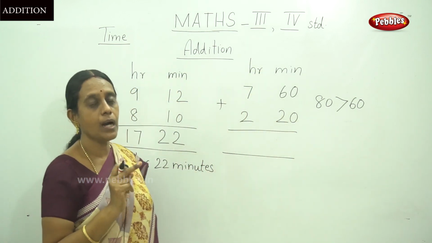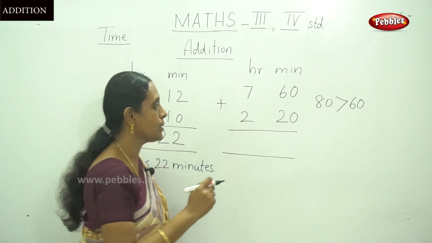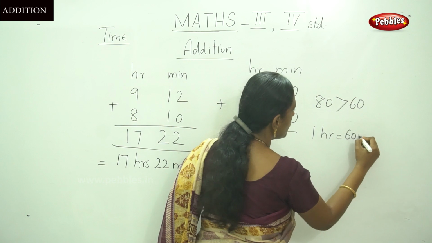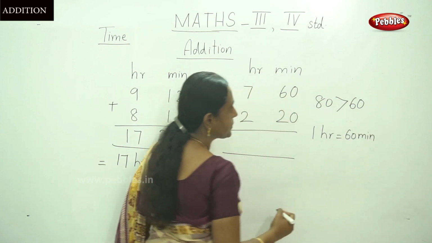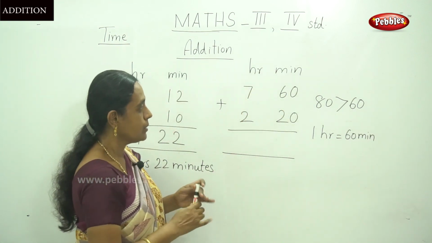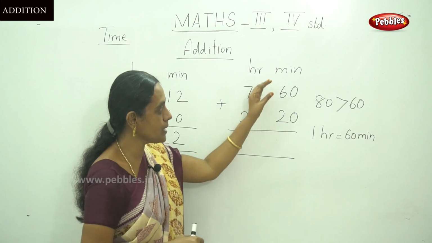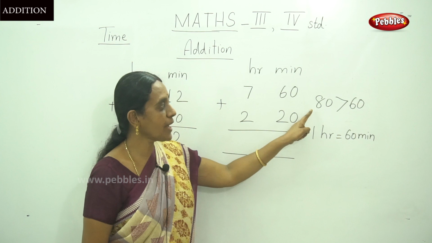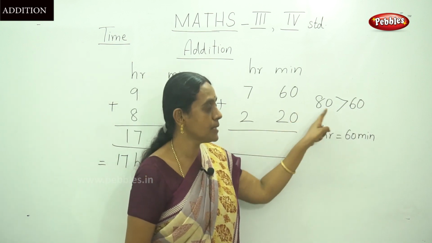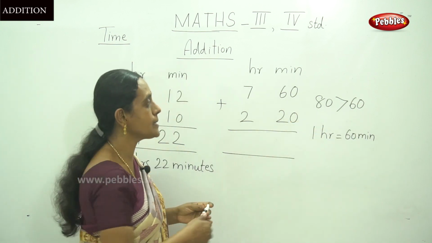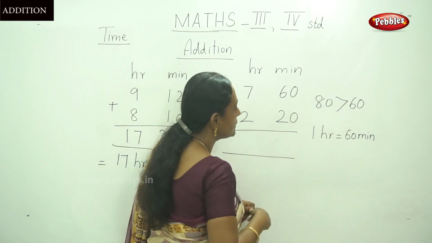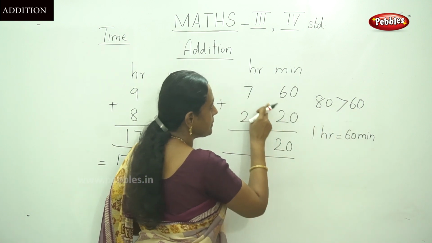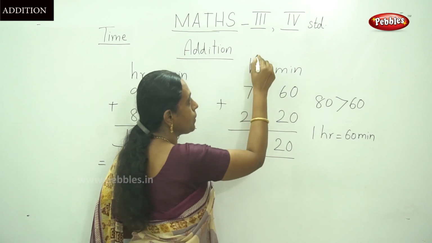You know the term in time, that 1 hour is equal to 60 minutes. Because 80 is greater than 60 minutes, you put 80 minus 60, that is 20 minutes here, and the 60 carries over as 1 hour.